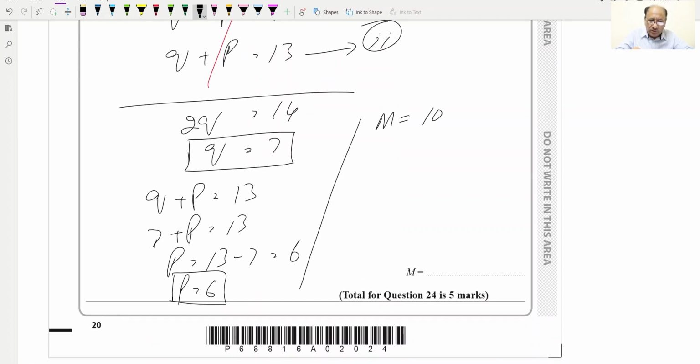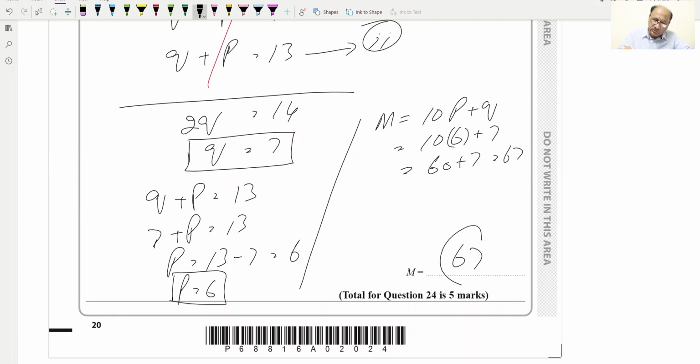M is equal to 10 into 6 plus Q is 7, so this will be 60 plus 7, which is equal to 67. So 67 is our final answer, and it was a 5-mark question.